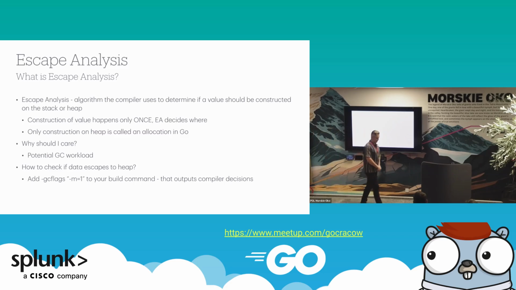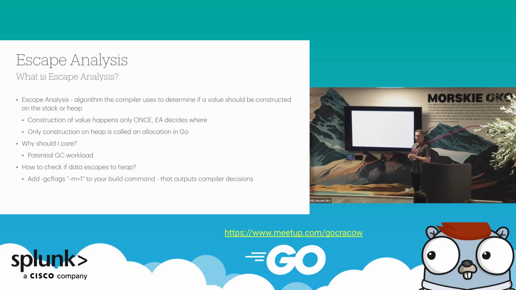The construction of a value happens only once, yes? So the word escape may be misleading here. There is no escaping in the manner that construction happens on the stack, and immediately something is escaping. Now, if the algorithm says that it escapes, the construction happens only once, on the heap.